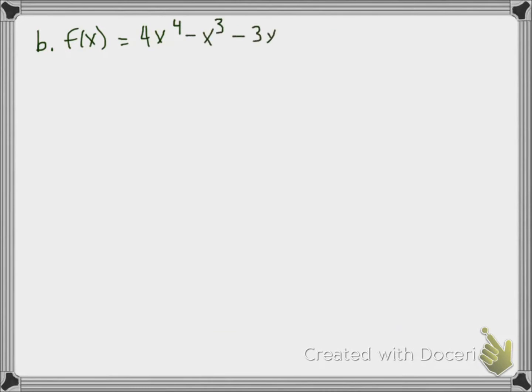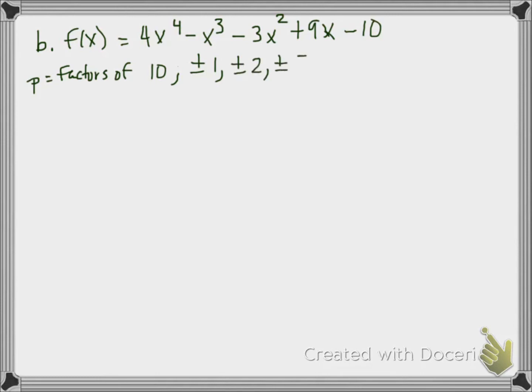Now the next problem you have there, it's on your papers. 4x to the fourth minus x cubed minus 3x squared plus 9x minus 10. Factors of 10, once again. 10 is the last number, so it would be positive or minus 1, positive or minus 2, positive or minus 5, and also positive or minus 10.